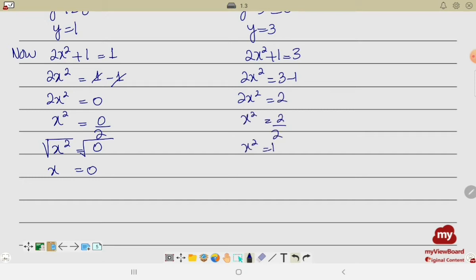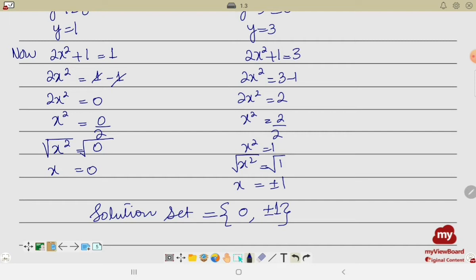We have 1. We'll take the square root on both sides and we have plus minus 1. So we got the values. Now we are supposed to write down the solution set: 0 and plus minus 1, which is the answer, right?